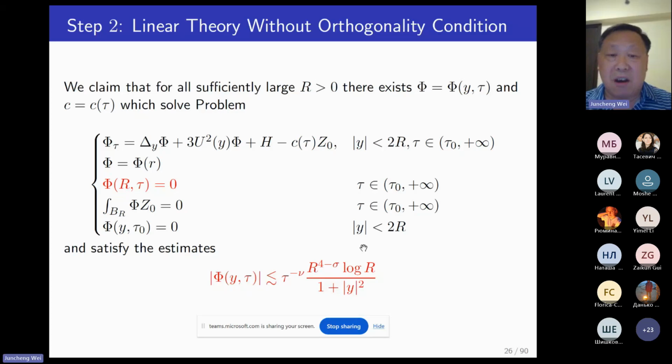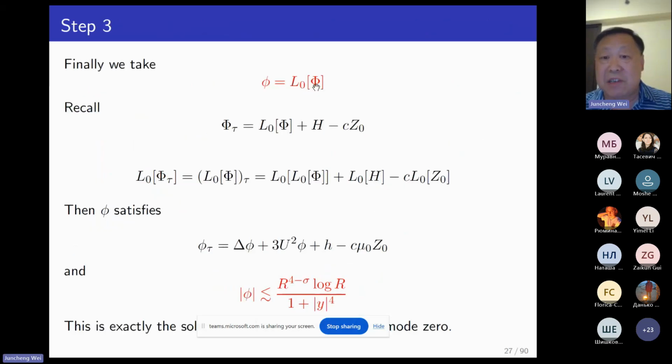Now from this solution, I take L0 of it, the second order derivative of this solution. Remember, this big phi solves phi tau equals L0 phi plus h minus c times Z0. If I apply L0, I get L0 on both sides.